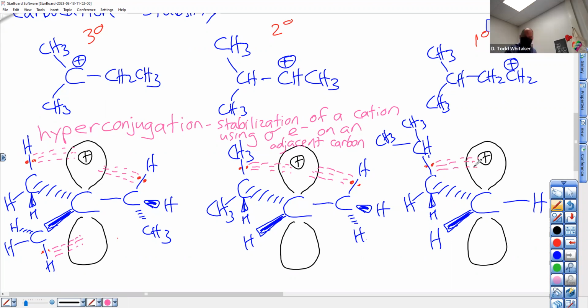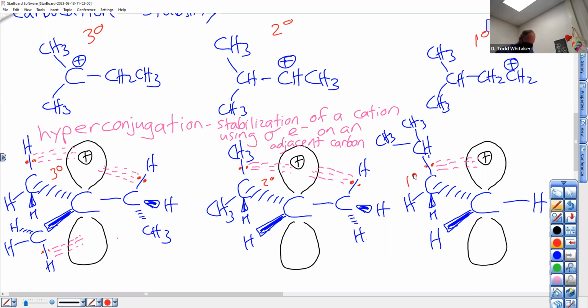Which species has the most hyperconjugation? Is it the tertiary one, or the secondary one, or the primary one? Tertiary. So if it's possible to form a tertiary cation, you will form it, and you will form more of it because it's more stable. Primary, you're going to form a lot less of. You've got to use the magic hyperconjugation word.